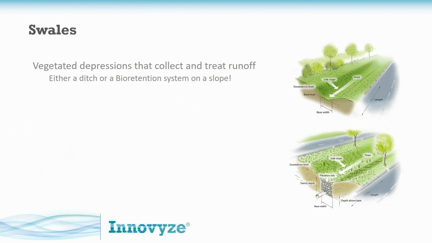That could be an attenuation facility. So these are extremely common collection facilities, right? Swales and ponds are very, very common, though they're usually not filtration systems.